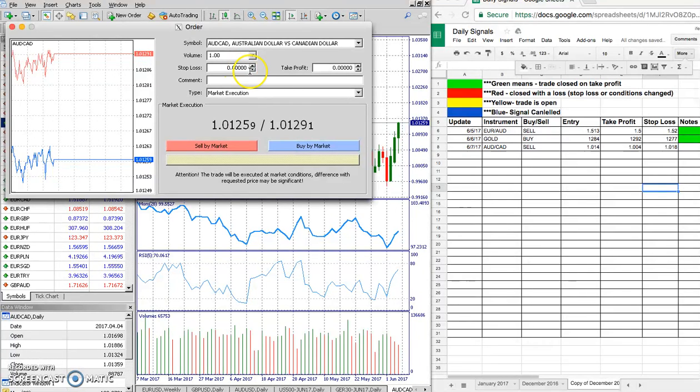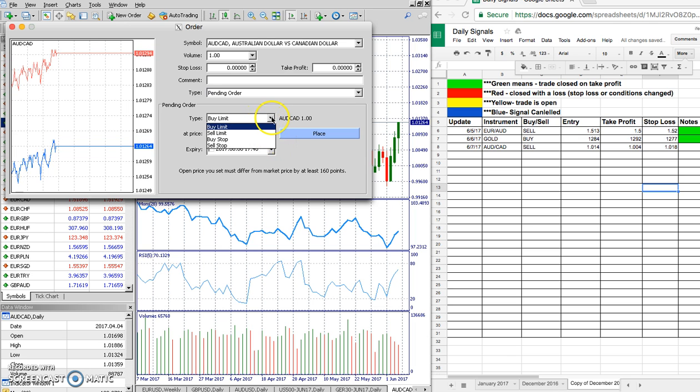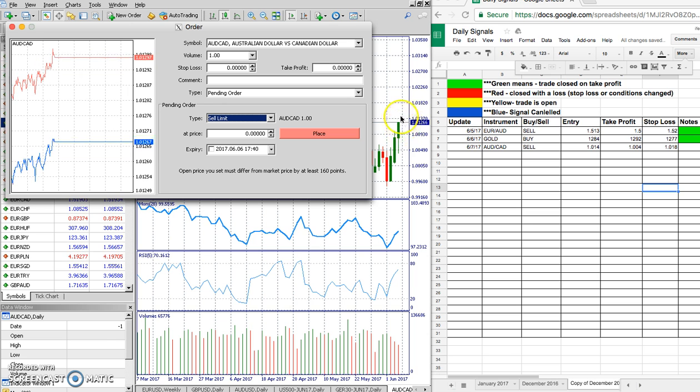I just leave it as it is. One lot. We put a pending order, and in this case I'm choosing a sell limit. Okay, because I'm trying to sell above the current market price, and I'm placing it here at 101.40.